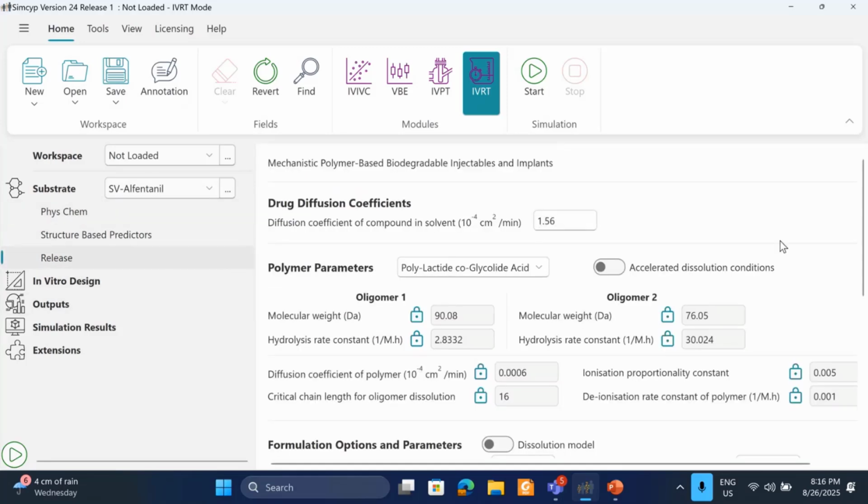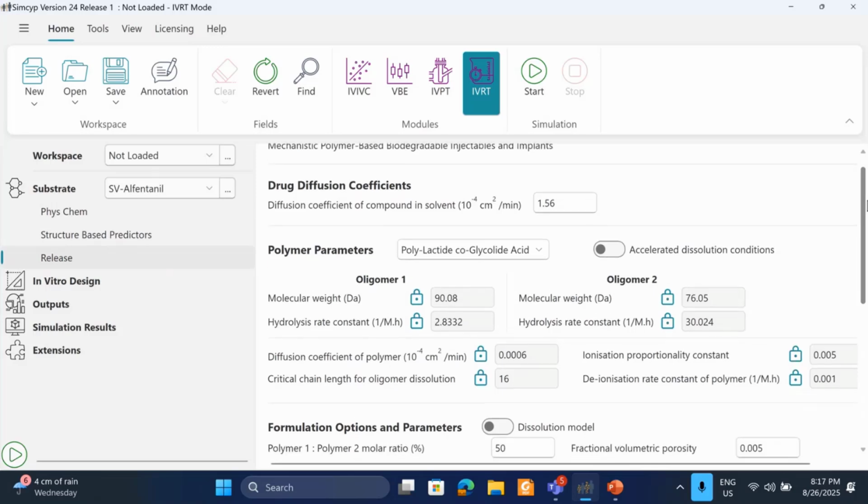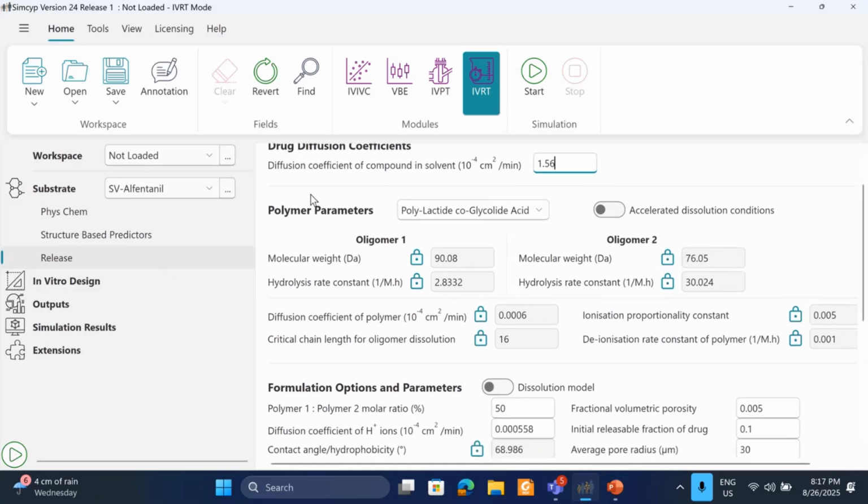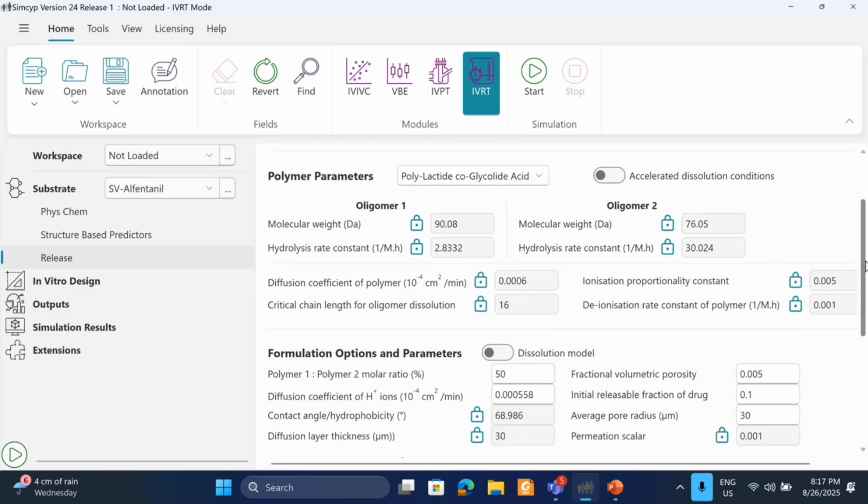So this is the screen for inputting different categories of parameters like drug diffusion coefficients. This can come from a calculation. So if we just input the molecular weight, we can calculate the diffusion coefficient from predictors.